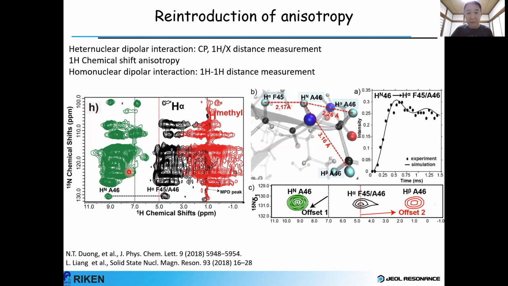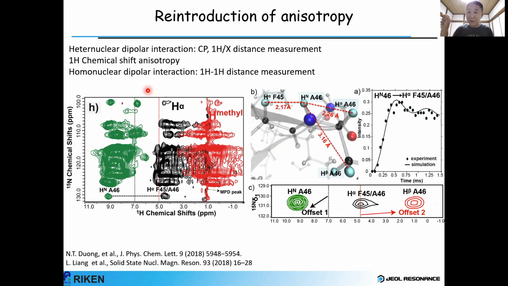This is one example from our group together with Vipin. We can measure proton-proton distances in a quantitative manner by selectively recoupling the homonuclear dipole interaction. But anyway, my message is we can design many different recoupling sequences, although most of the interactions are already removed by fast MAS experiments.